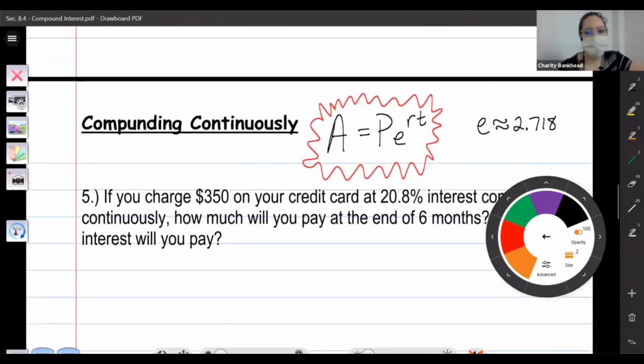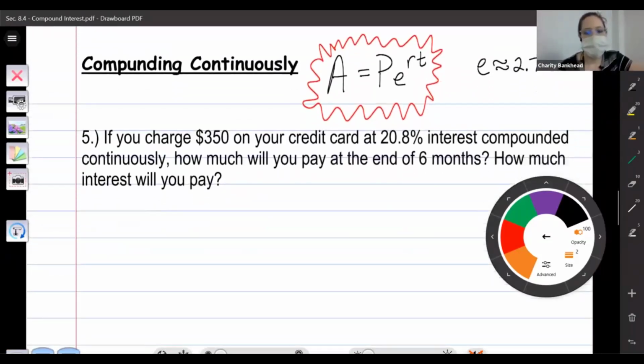Okay, so next we have compounding continuously. This is a slightly different formula, which is A equals P times E to the power of RT. All these variables are the same as from the other formula, but E is not a variable. E is actually a constant.